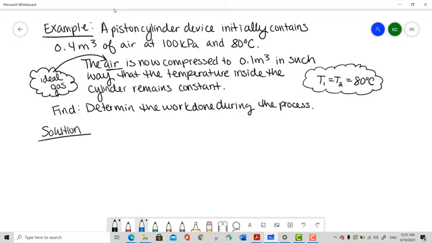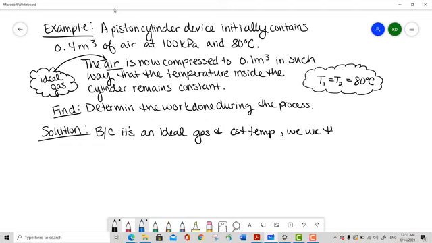I don't even know what that is, but we'll work with it. Okay, so again, because it's an ideal gas and constant temp, we use this formula. And N equals 1.